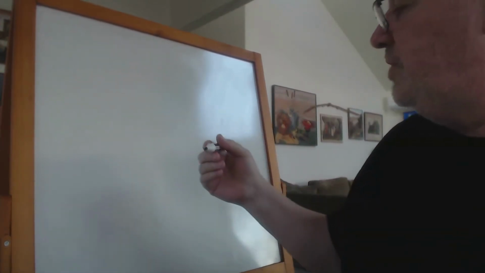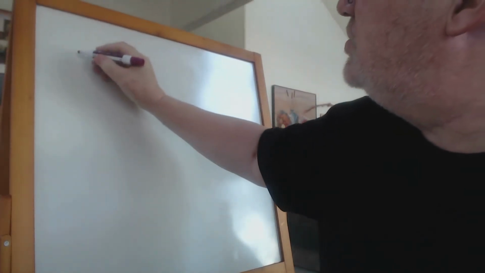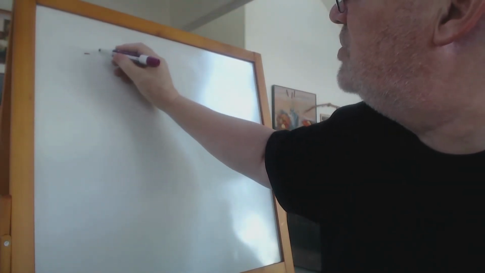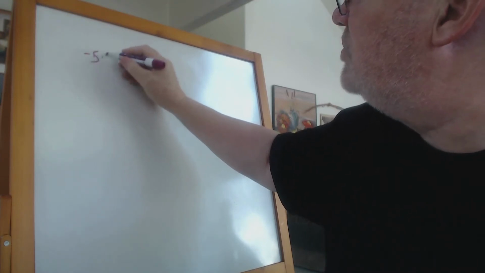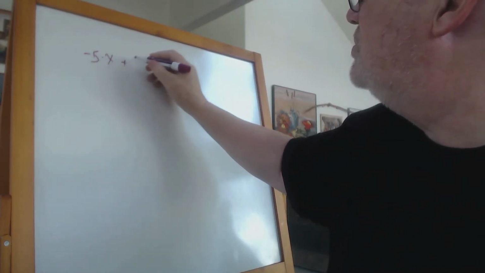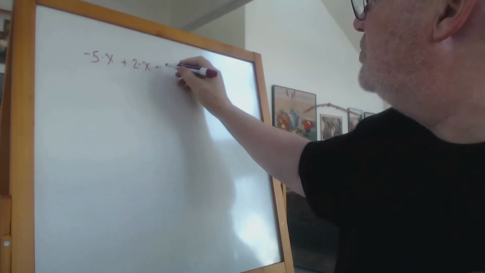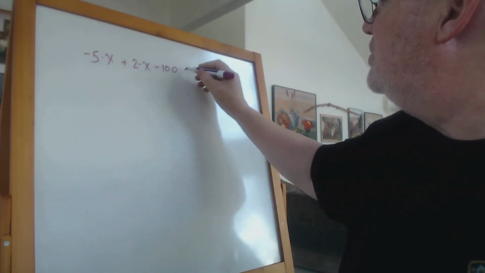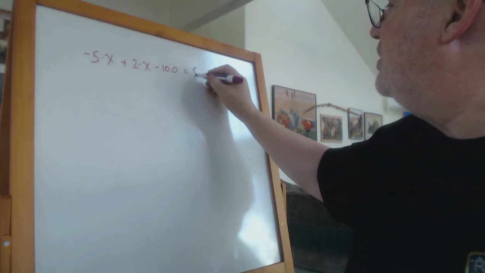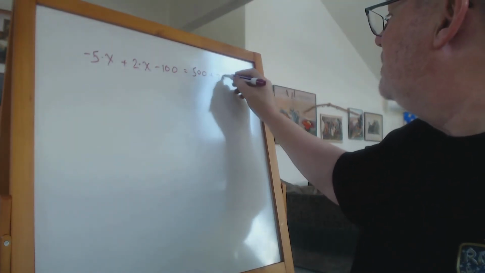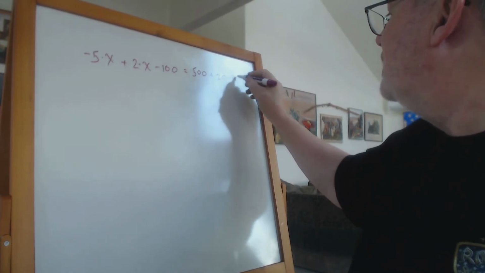So let's try another one of a similar nature. Let's say minus 5 times x plus 2 times x minus 100 is equal to 500 plus 20 times x.